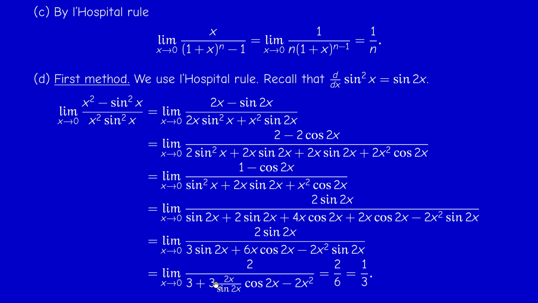Why did I write 6 as 3 times 2? Because now 2x over sine 2x tends to 1 as x tends to 0, and this is 1. So the numerator tends to 2, the denominator tends to 3 plus 3, which is 6. So it's 1/3. Not terribly difficult, but you just have to be patient.